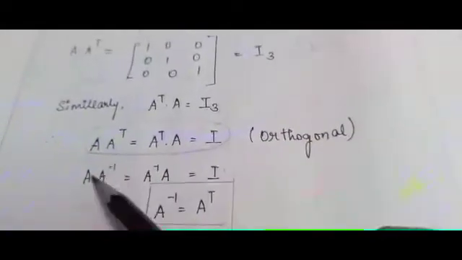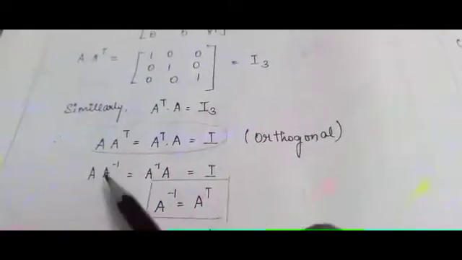So A into A transpose equal to A transpose into A equal to I, and A into A inverse equal to A inverse into A equal to I. So see, if I take any one part, because everything is equal only, because I'm getting the answer as I only.